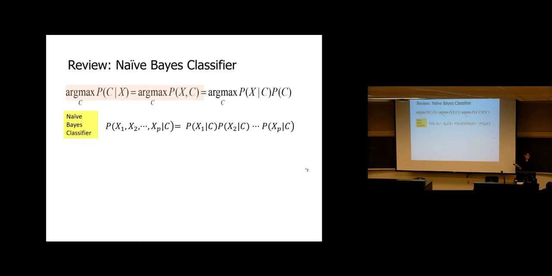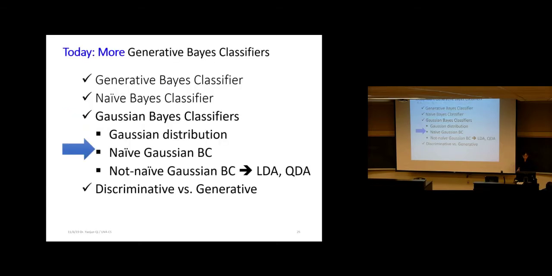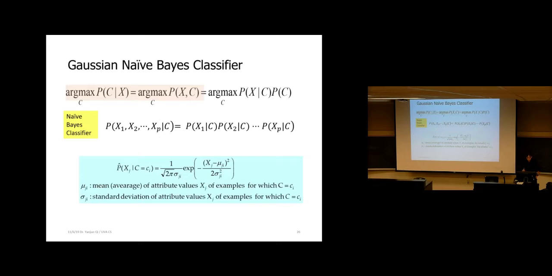Then let's use this on the Gaussian case. So first is naive Gaussian Bayes classifier, which is actually very easy. I just told you before, right?